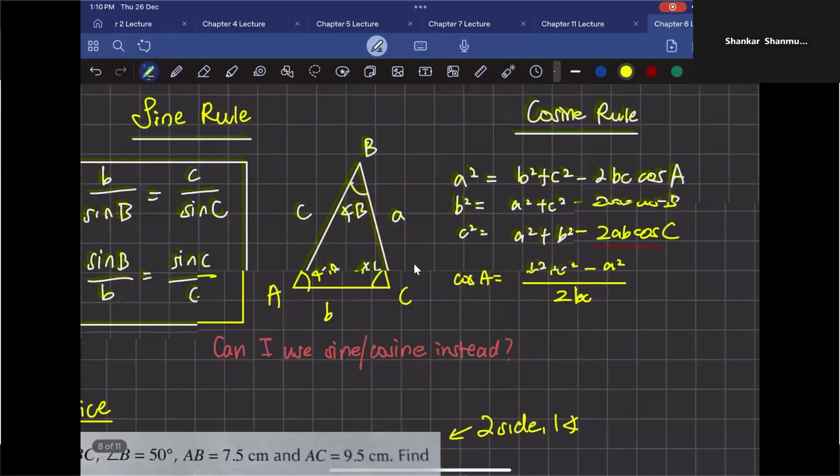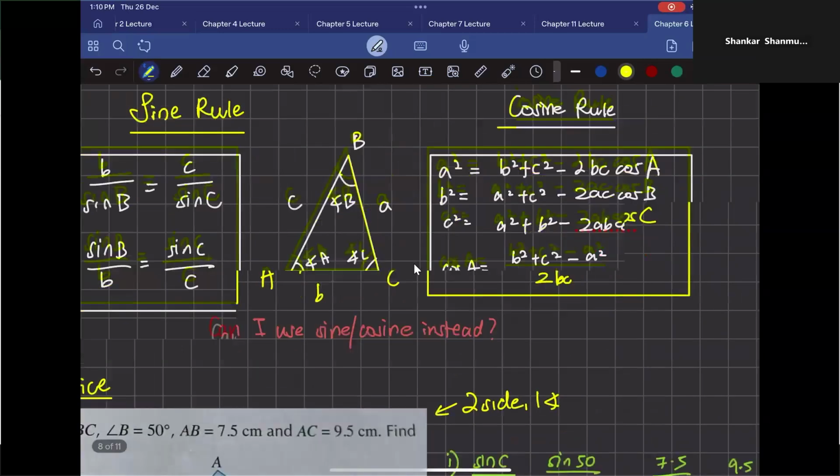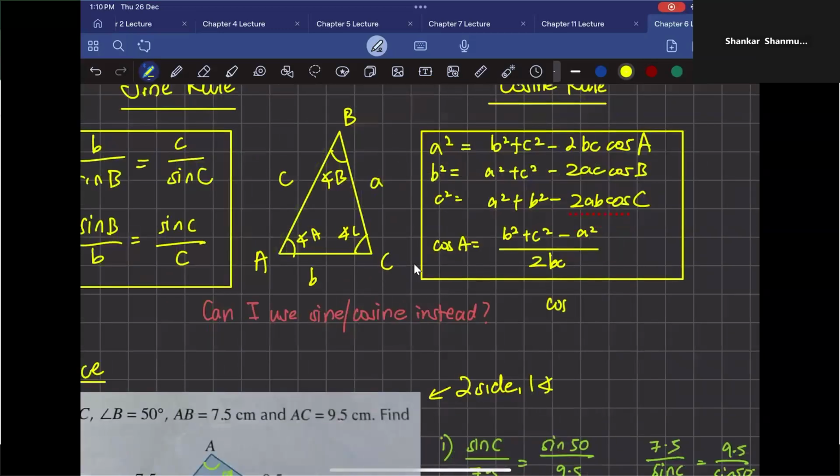Okay, so these are your formulas for cosine. Again, you can also find cos B and cos C. These are just manipulations of the equation.